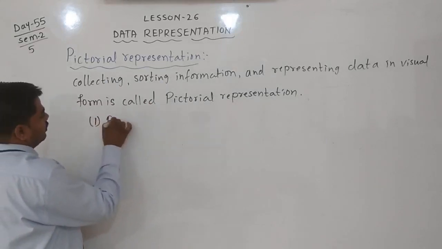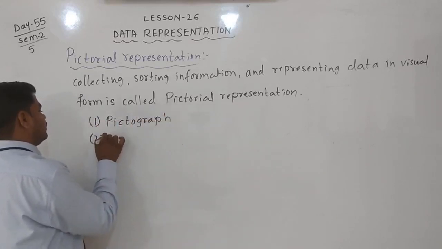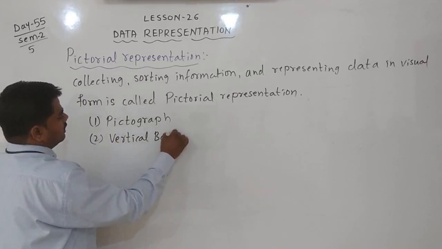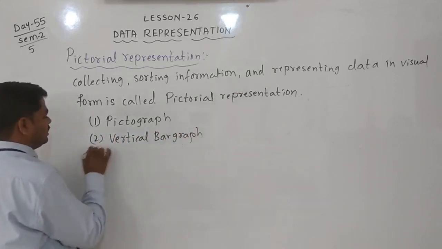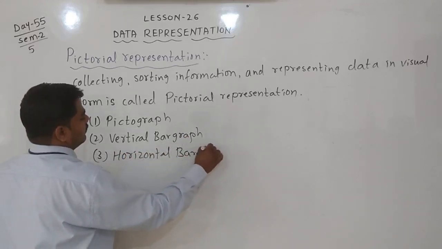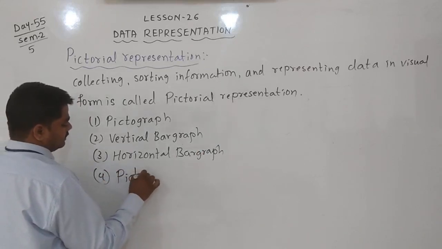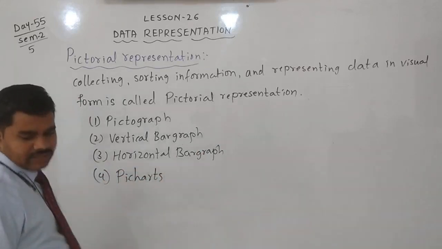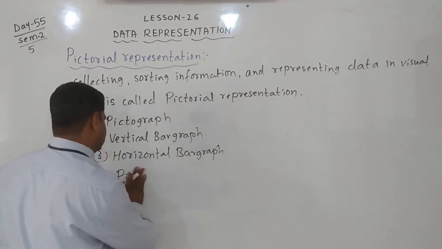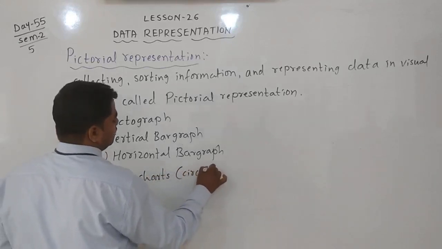First one is pictograph, second one is vertical bar graph, third is horizontal bar graph, and fourth one is pie charts, or we can call them circle graphs. Yes or no? Pie charts or circle graphs.